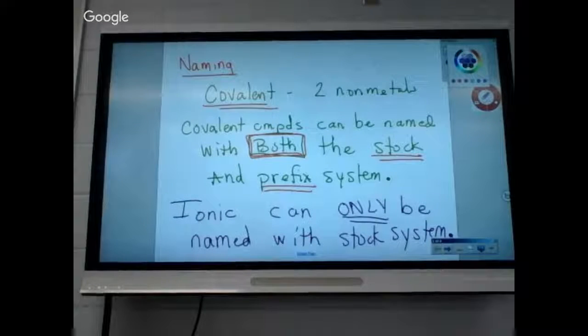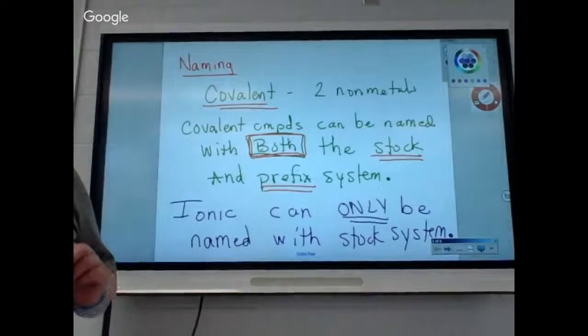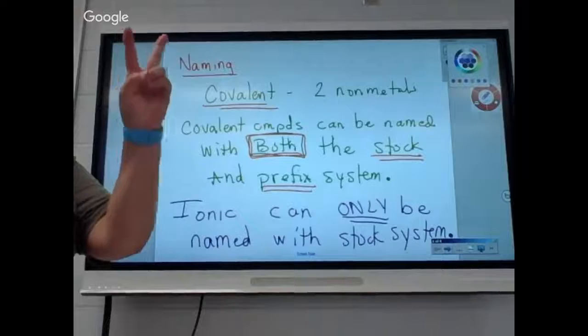Two. All non-metals can be named with the stock system and the old system with the prefixes. So your carbon dioxide, your carbon monoxide come from being able to be named two ways because they're covalent.